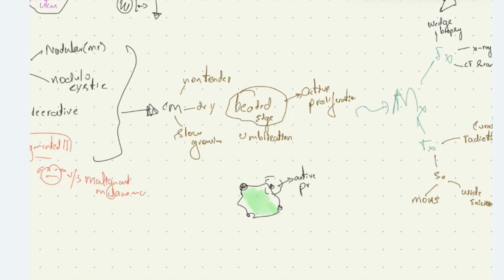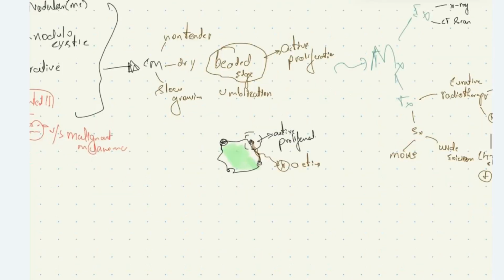That is, cancerous cells showing active proliferation, whereas the adjacent normal skin doesn't show active proliferation. And also characteristically, we see central umbilication or dipping in case of lesions of basal cell carcinoma.